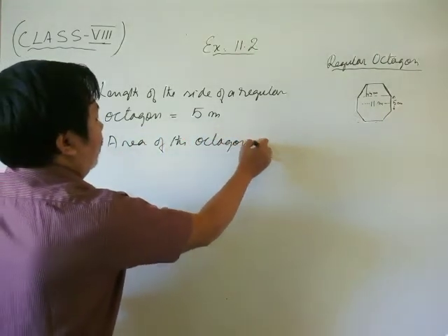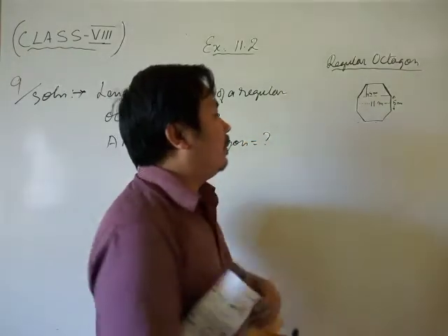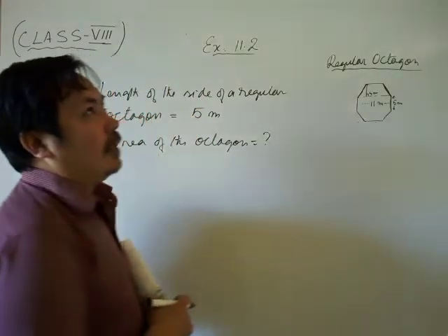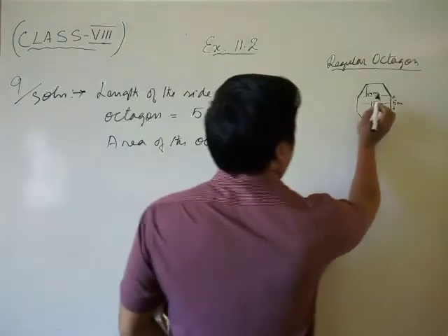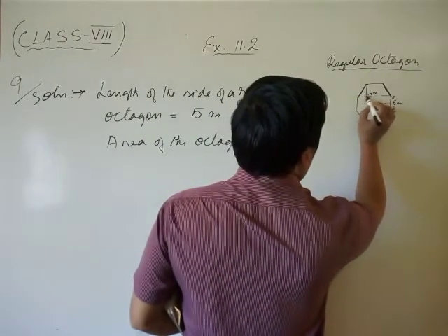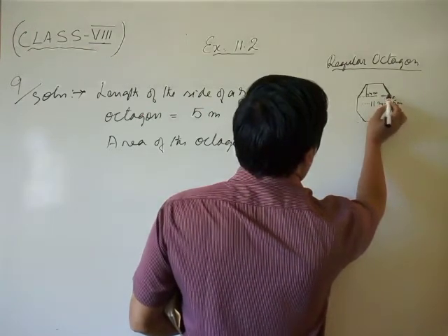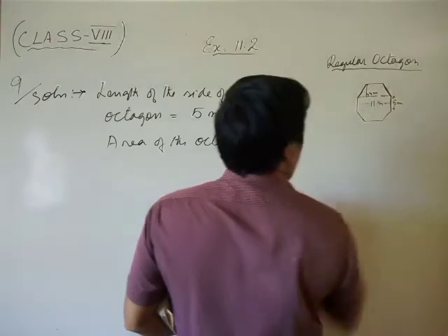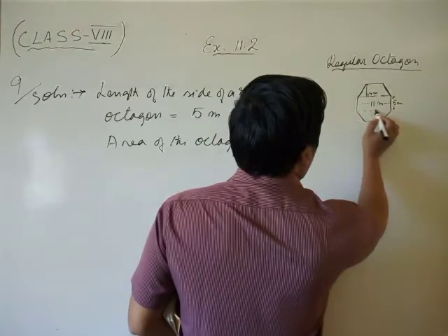So area of octagon, how do we find out? See, the same is given in this book. Now this is a polygon, so we are trying to make it into different figures. According to the diagram given here, you used to get one trapezium, and there will be another trapezium again.